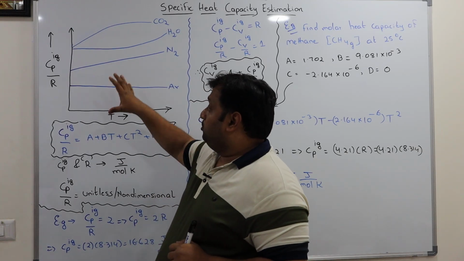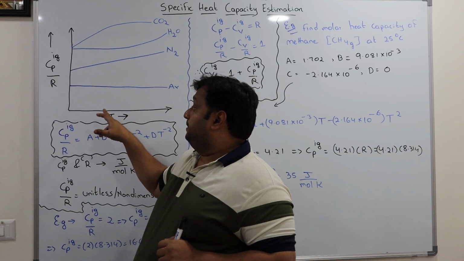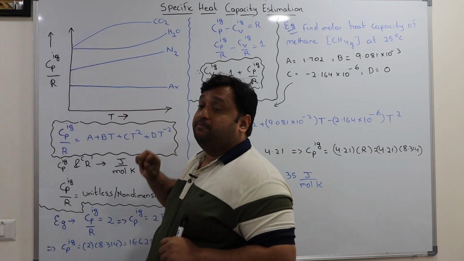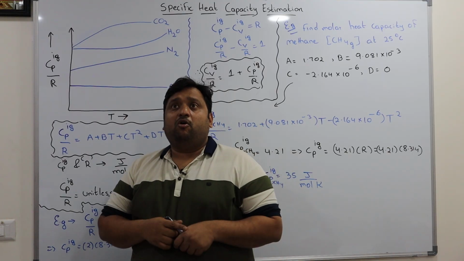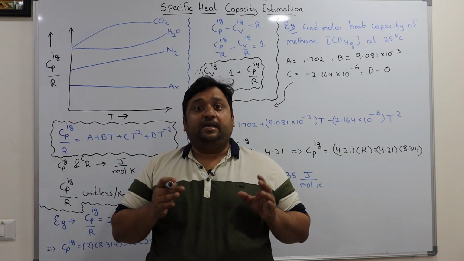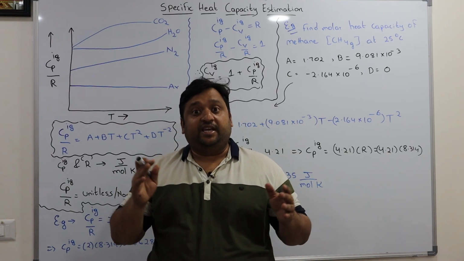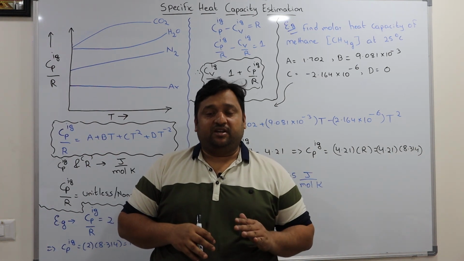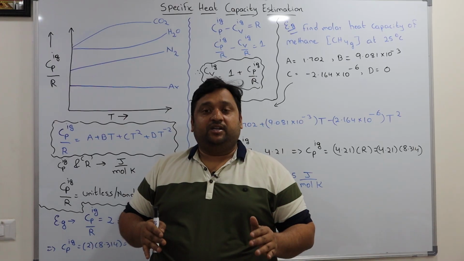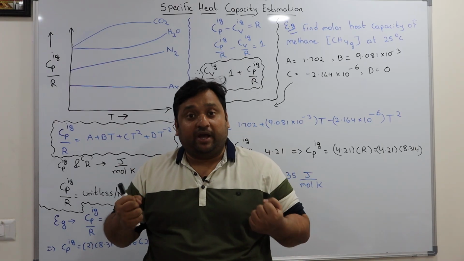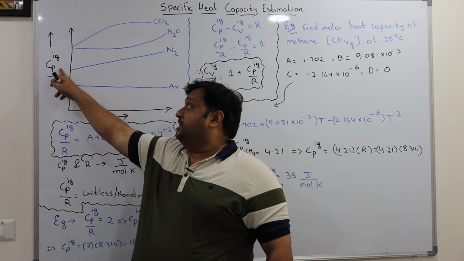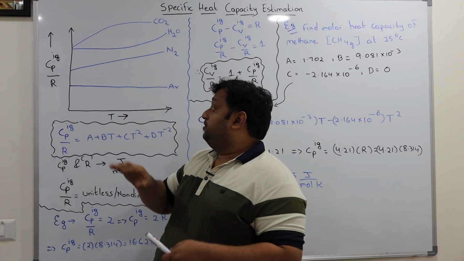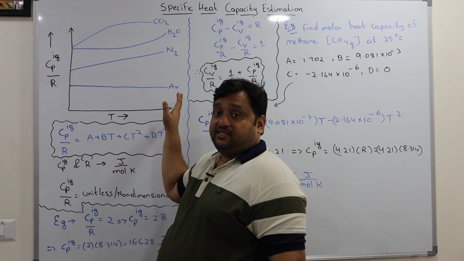If you see this graph, the plot is between CPIG by R versus temperature, because Cp, the specific heat capacity, changes more with temperature and less with pressure. So it is always important to take into account how my specific heat capacity is changing with respect to temperature. If you see the graph, there are different gases.